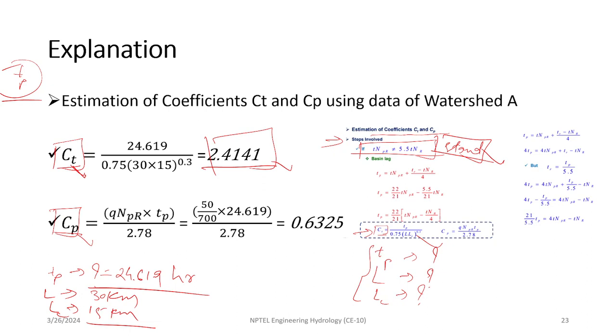It may be possible that values may be somewhat different. Yeah, I'm getting 5.25. Okay, 5 point something you are getting. How much? 5.25. Okay.